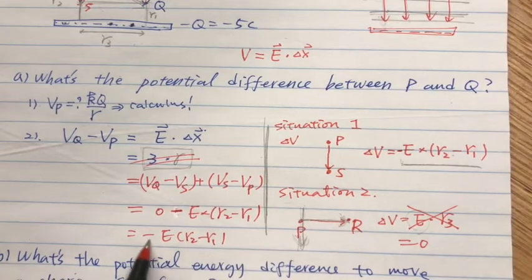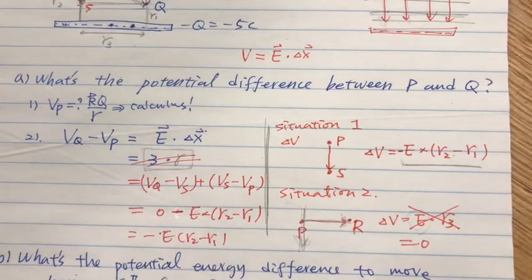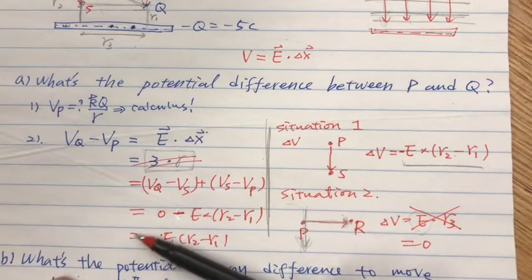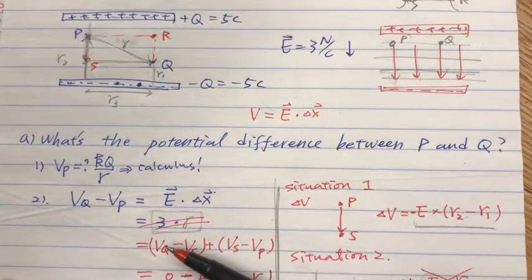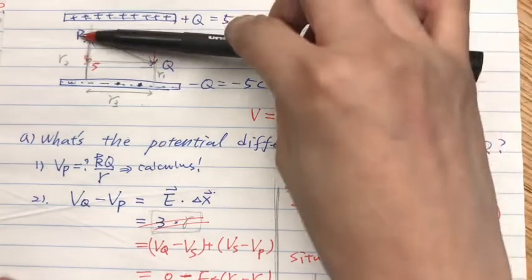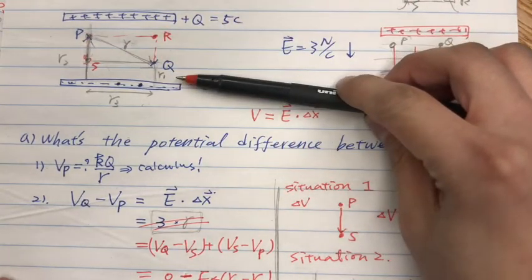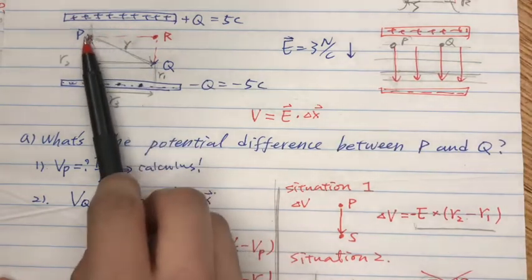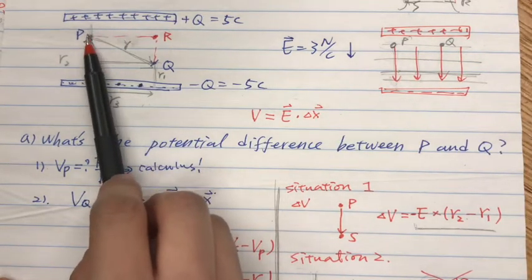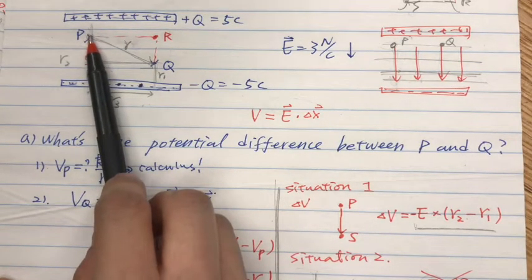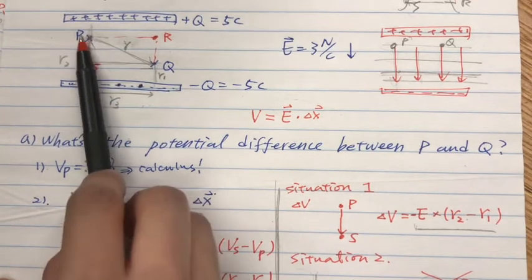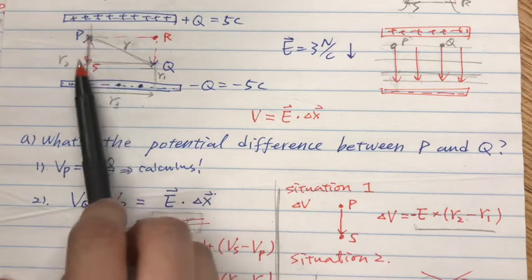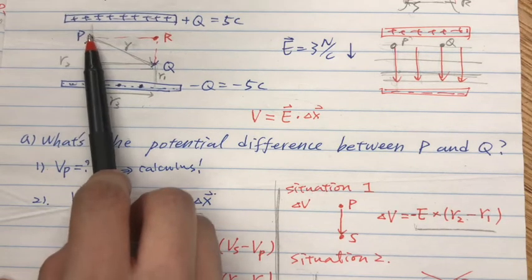And how do I know whether this is positive or negative? Again, the best way to judge the sign is to rely on your physics intuition. VQ and VP, which one has higher potential? This one. If I put a positive test charge here, it will want to be repelled downward. So this one has a higher potential, this one has a lower potential, because everyone wants to flow to lower potential.